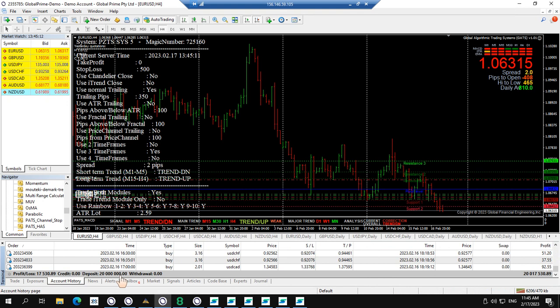Again, the question is, why have 20 million and only executing a 2 standard lot? The objective of this is to aim for long-term gain, and at the same time, the possibility of losses is always real.